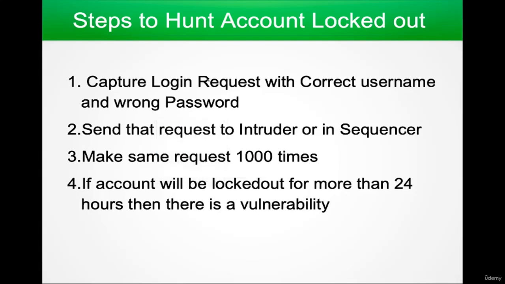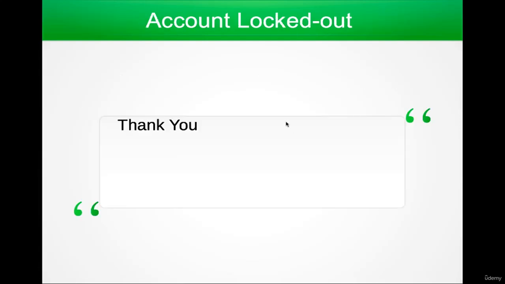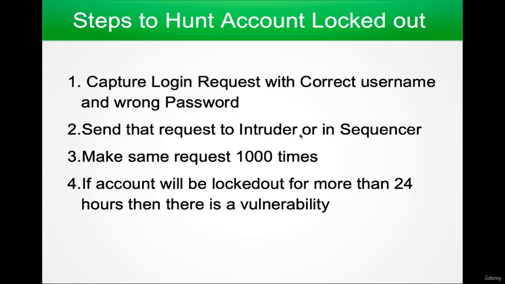The first step is to capture the login request with a correct username, or you can give a test username, with a wrong password like 123456. Capture that request into Burp Suite. After that, you can use either Intruder or Sequencer, it's up to you. Basically, our goal is to play this request 1,000 times.